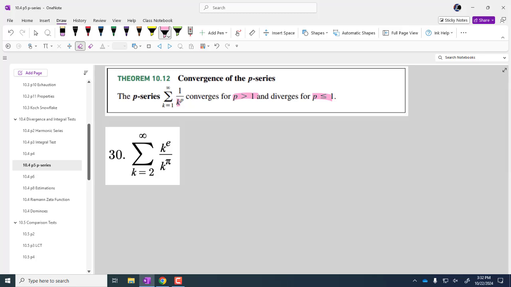The first thing we have to make sure we do is write it in the correct form. When we did improper integration, it meant the x was in the denominator with the power that we could analyze. Same thing here. We need to rewrite this so that the power is in the denominator.